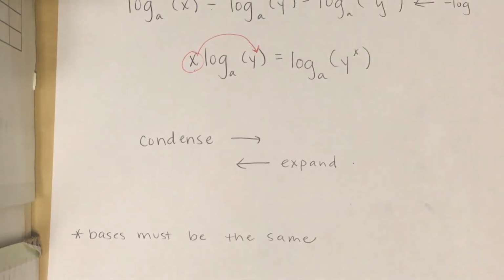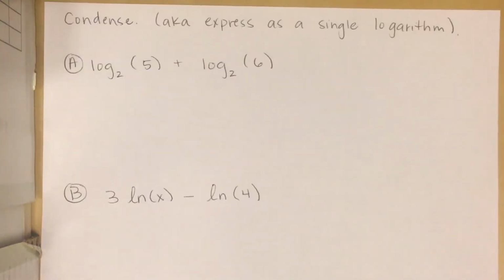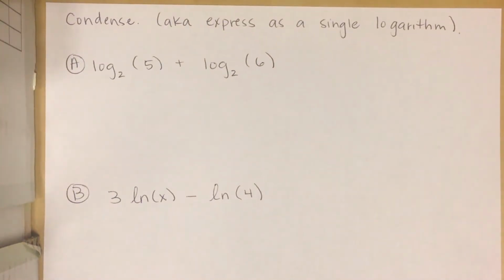Okay, I have 5 examples of this. Your directions are usually going to be to condense, but you may also see it as express as a single logarithm. So we'll start basic. Log base 2 of 5 plus log base 2 of 6. This is 2 logarithms being added together.